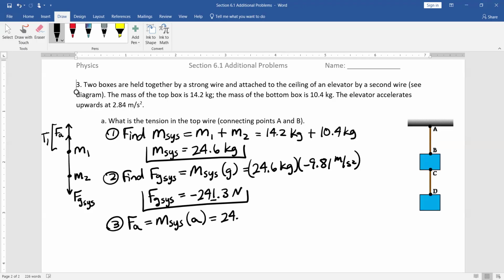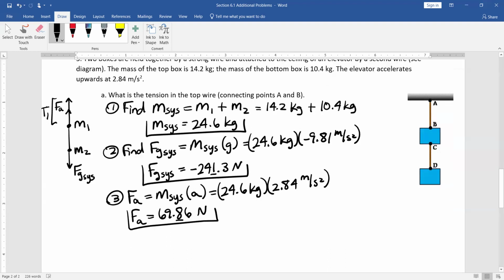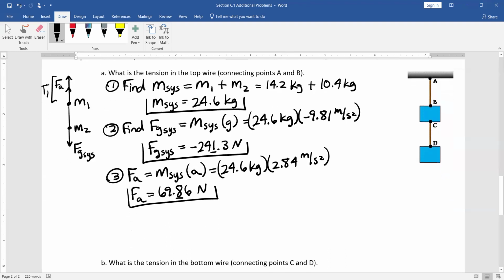So 24.6 kilograms times the acceleration they gave me, 2.84 meters per second squared. And so the force of the acceleration is 69.86, there's my significant figures, newtons. Okay, once I have those three, I can find T1.